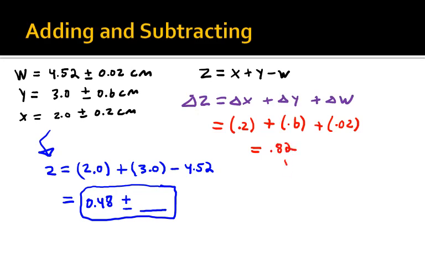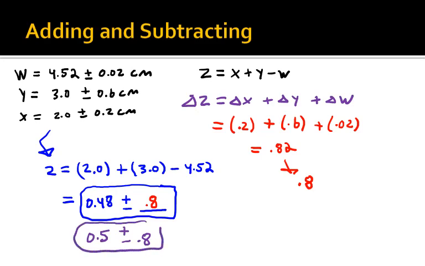If we round to 1 sig fig, that would be 0.8, and so that's our uncertainty. We have our value of 0.48, which we'll round to 0.5 to keep 1 sig fig: 0.5 plus or minus 0.8.